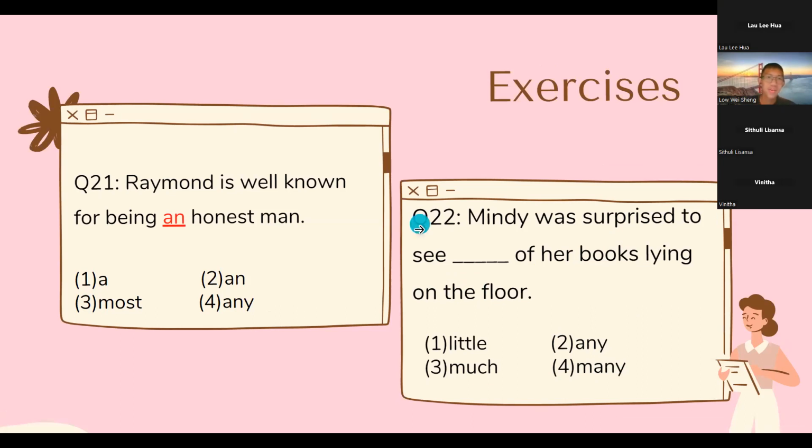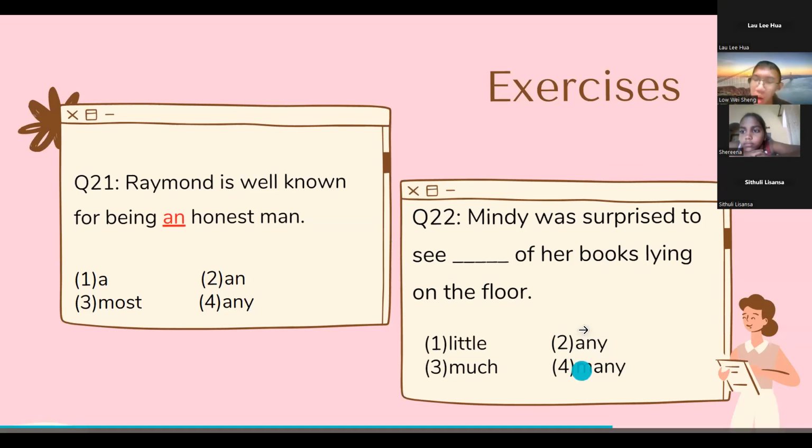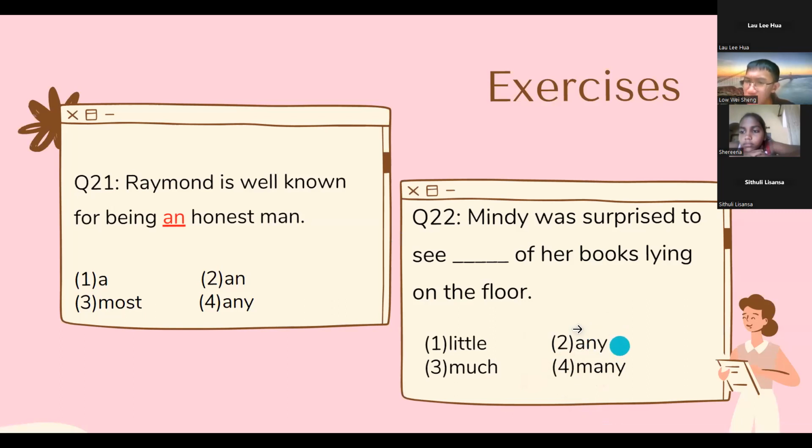All right. I don't think there are any more new responses coming in. So why "many" versus "any"? For "any," you can't really use it because you need to refer to a specific quantity here, and "any" doesn't really refer to a specific quantity. And remember, Mindy is surprised, which means it's something that shouldn't happen.